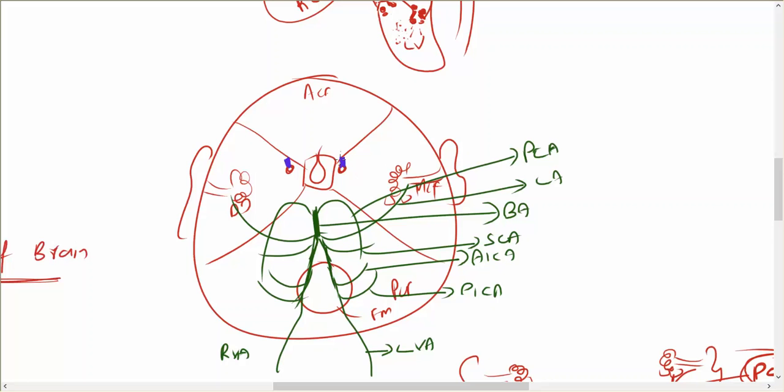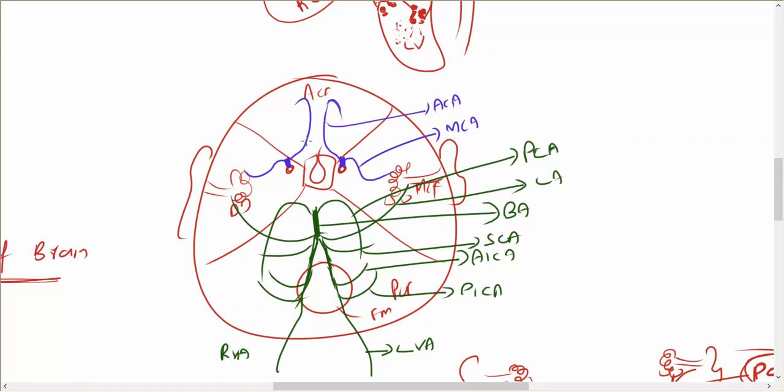They give the anterior branch, and they also give the middle cerebral artery branch. This is the anterior cerebral artery and this is the middle cerebral artery.